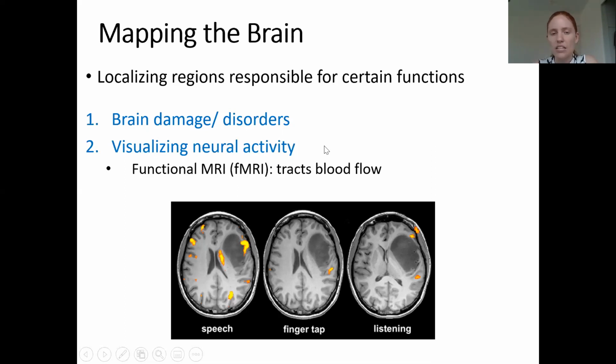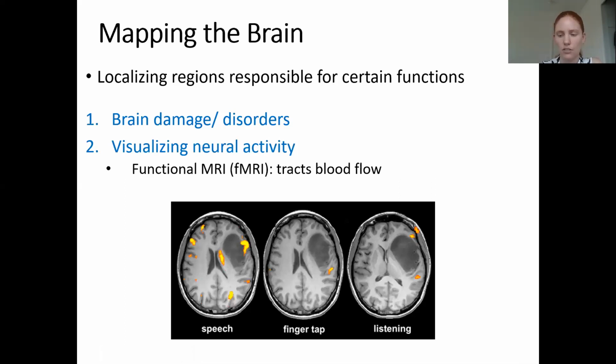The idea is if a neuron has an increase in blood flow, that must mean that it's more metabolically active, which means it must be functioning during that particular time. So they put people in the functional MRI and ask them to do a particular task, and then they just look at which areas of the brain are more active than other areas, and that helps them localize particular functions.